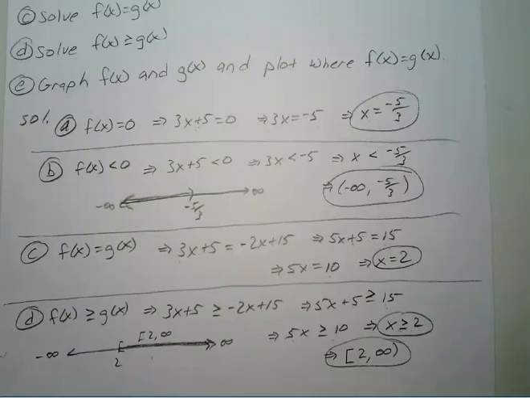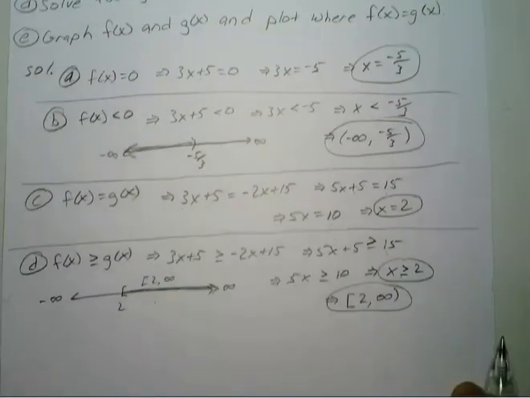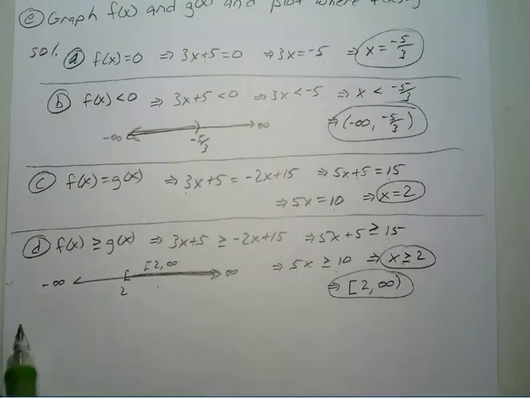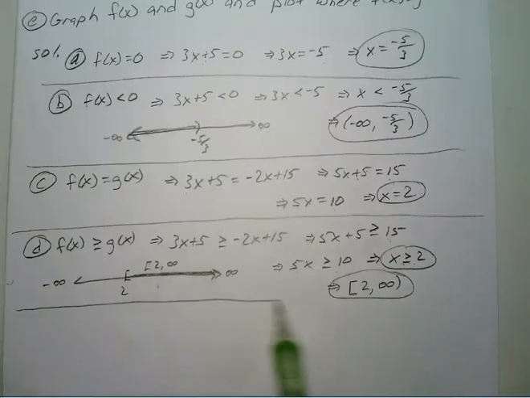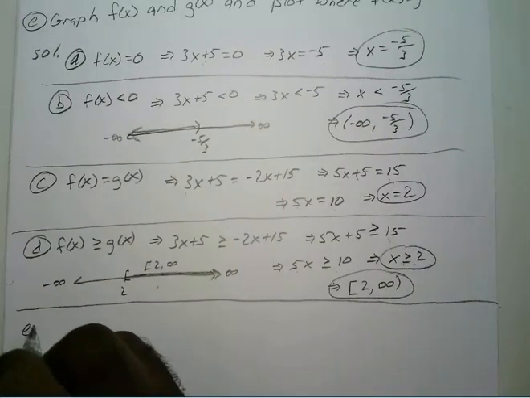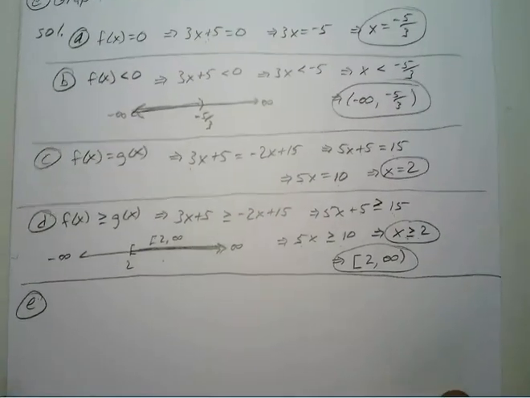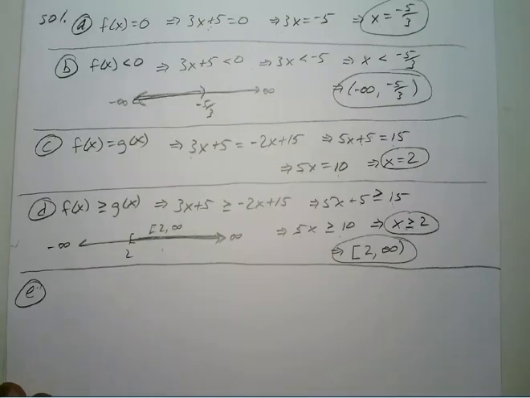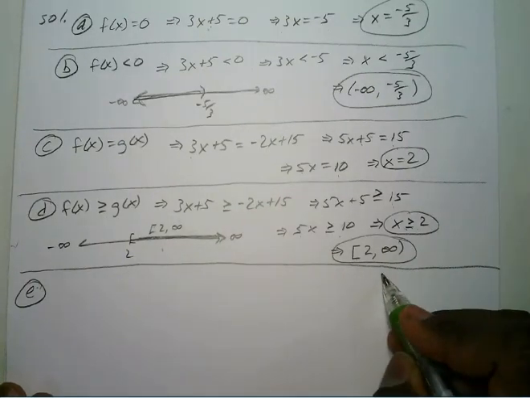Okay. Now let's go ahead and plot E. We should have enough room to finish this on this page. Move it up just a little more. There we go. Okay, so let's say our graph is right here.